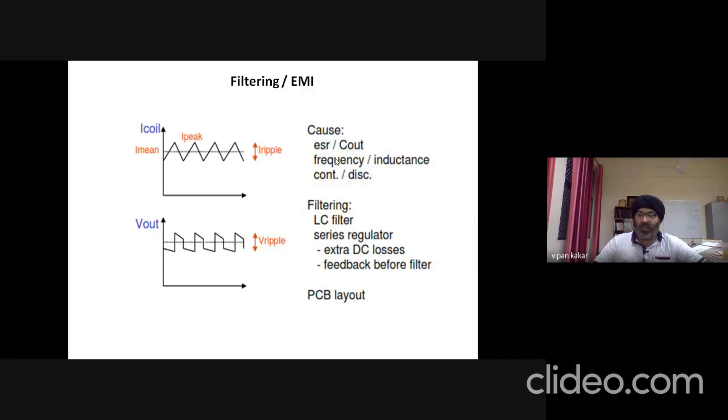If the switching frequency is high, the ramping up and ramping down become faster. Similarly is the case for the voltage at the output, to find out the ripples based on the capacitor. If you apply this output feedback before filtering, the controller can make a precise calculation.